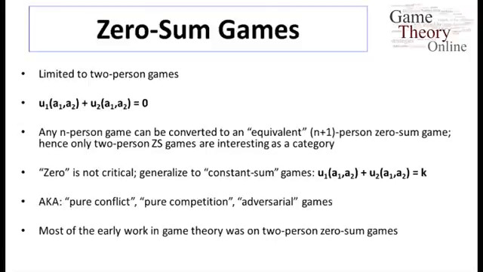And so in particular, you could take the zero and add a constant to it, and nothing has changed. So when we speak about zero-sum games, we really mean constant-sum games. These zero-sum games are sometimes called games of pure conflict, of pure competition, sometimes adversarial games, really the same sort of animal.